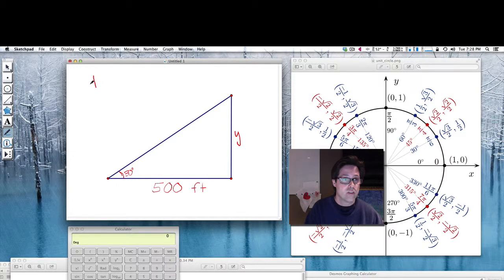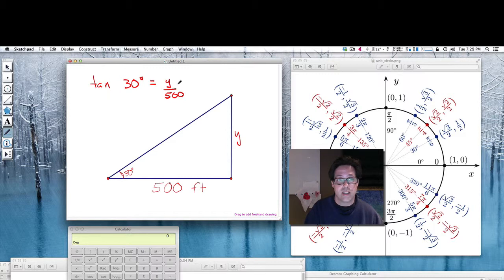We know that we have 30 degrees, and we're working with the opposite over the adjacent for tangent. The opposite is unknown.